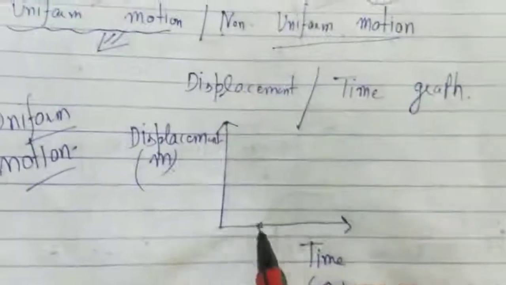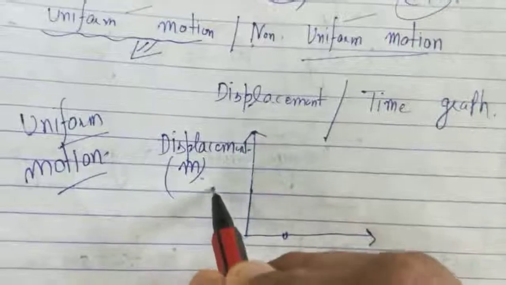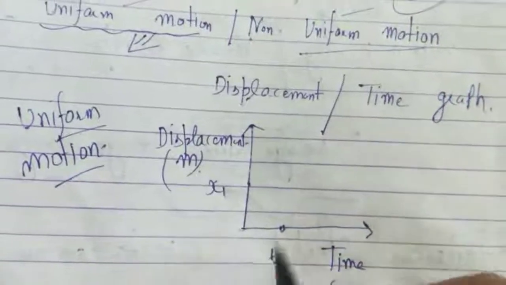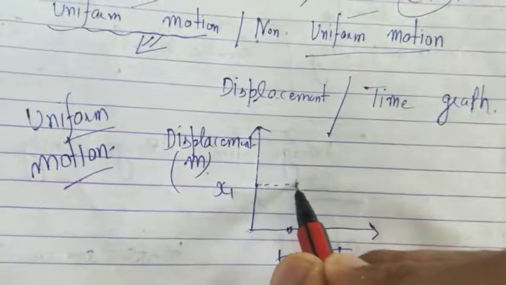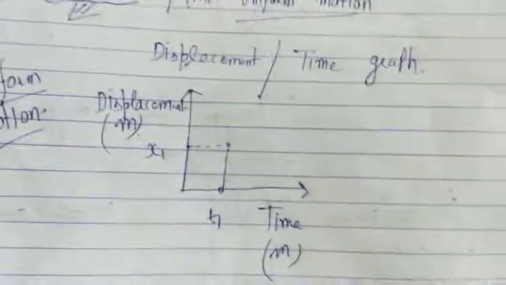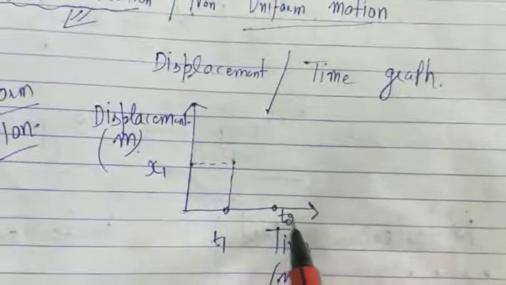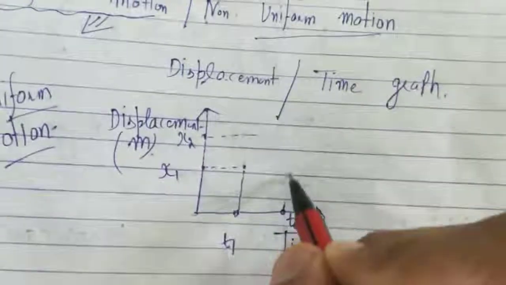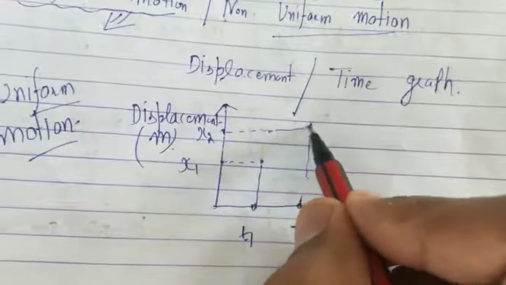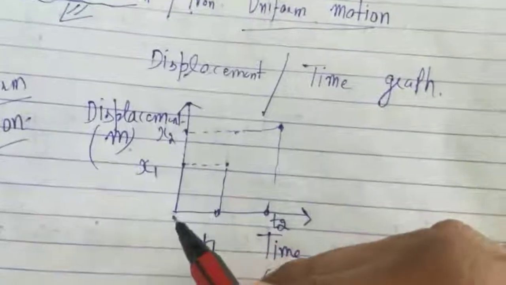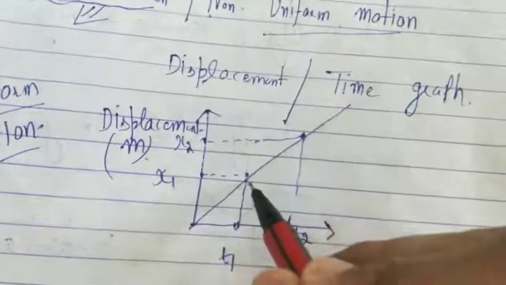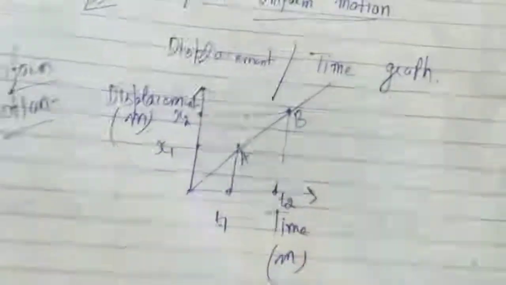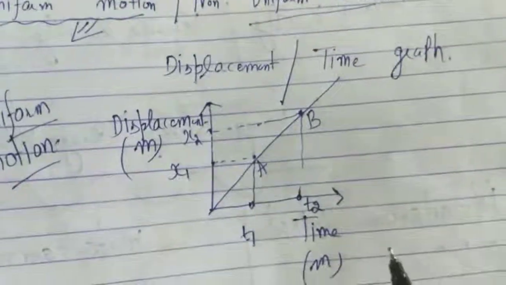Suppose at time t1 the displacement is x1, so we will get a point here. Suppose at time t2 the displacement is x2, and we get a point here. So we'll join both these points. This point is A, this point is B.